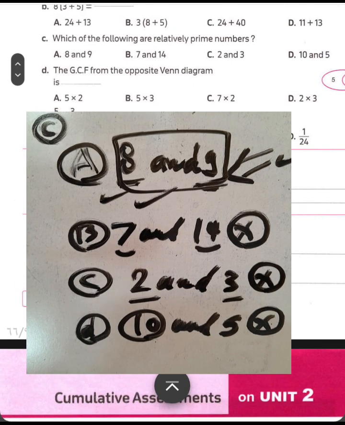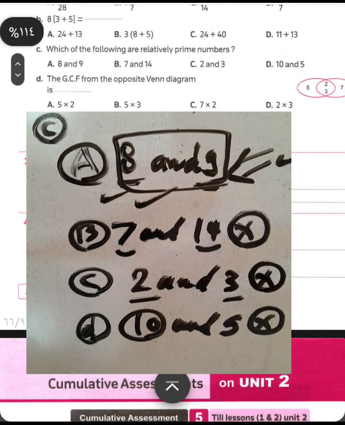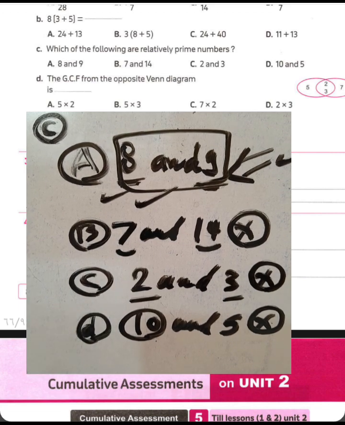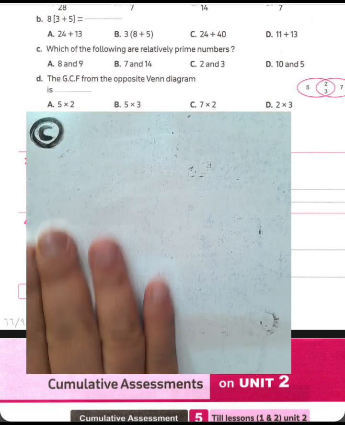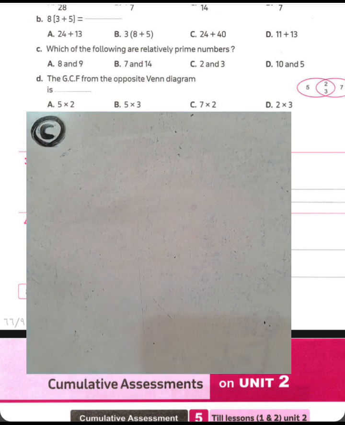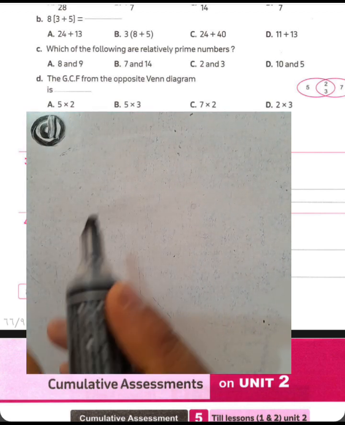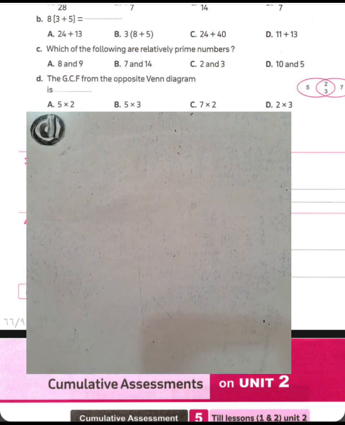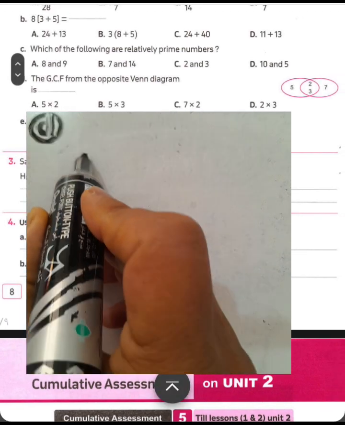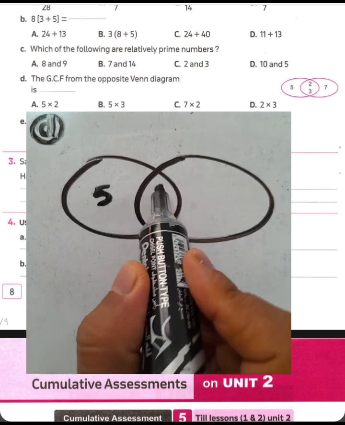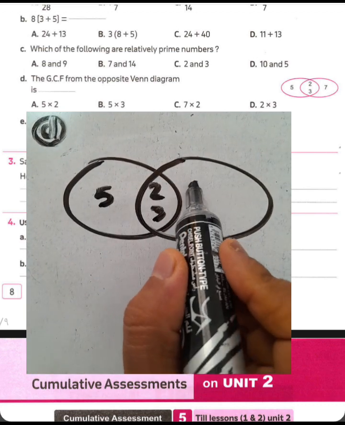Question letter D. The greatest common factor from the opposite Venn diagram. We have the Venn diagram about question letter D. Look at the Venn diagram, we have 2 circles with 5, 2, 3, and 7.